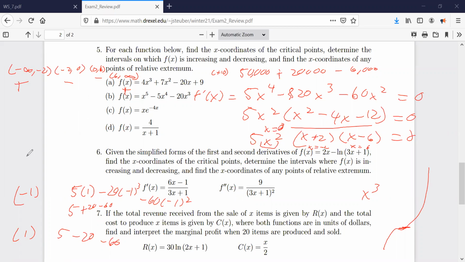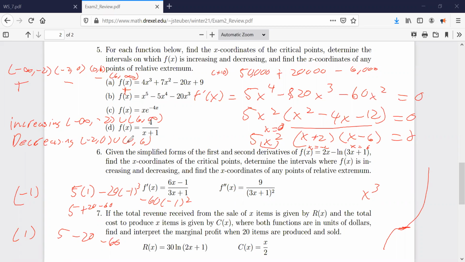So it is increasing on the intervals -infinity to -2 union 6 to infinity, and then it's going to be decreasing on -2 to 0 union 0 to 6.